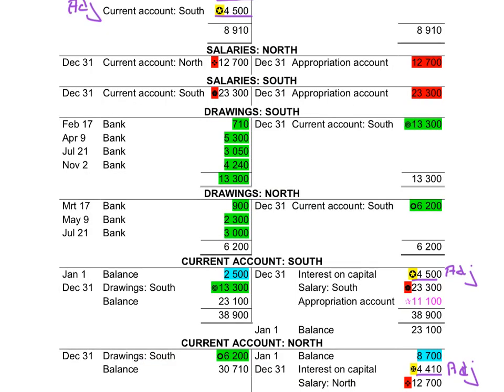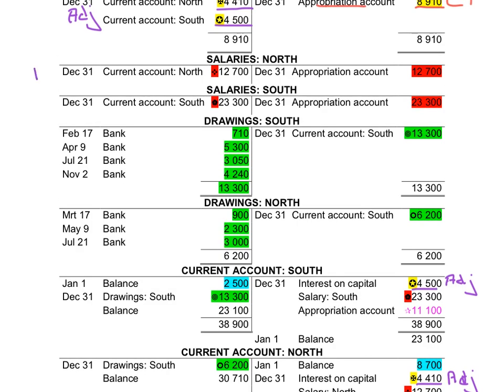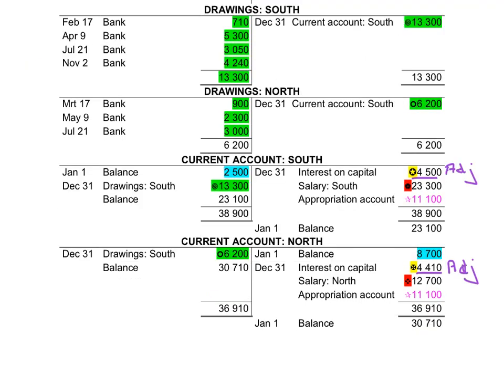We will debit the salaries account of North to complete an adjustment, and we will credit the current account of North to complete the double entry for the adjustment. That indicates that the expense was debited because expenses increase on the debit side. The business owes the money to North, so the current account is credited to indicate that this money is still outstanding and must be paid to North.